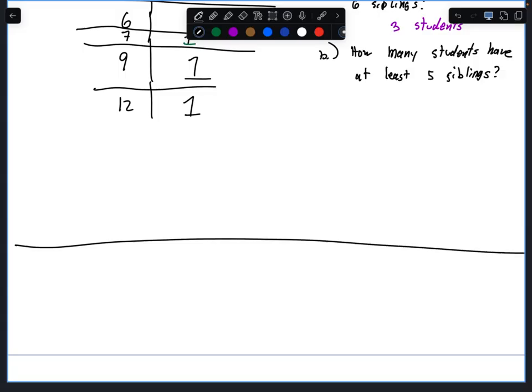I'm going to put a little thing down here for vocabulary. Vocab: at least is including and more. So how many students have 5, including 5 and more siblings?